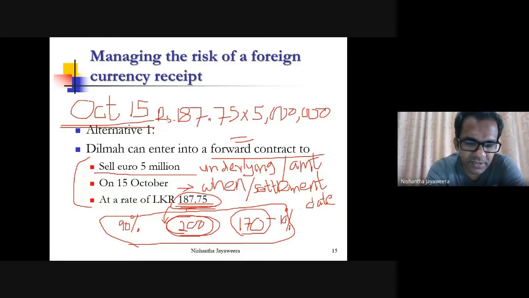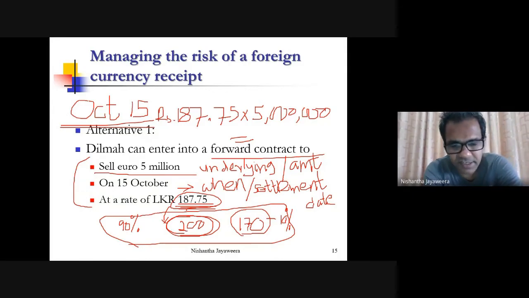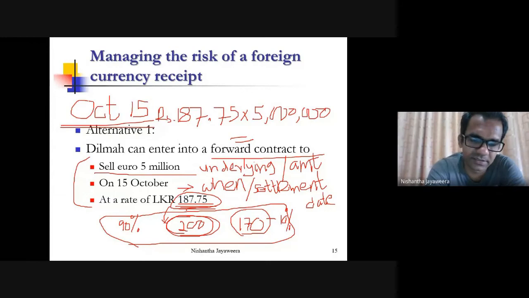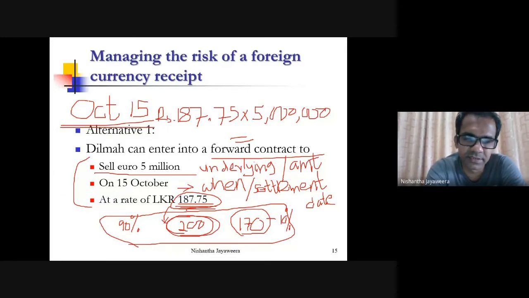That means, for whatever reason, the exporter realizes, and even the bank realizes, that they are not going to pay, or on October 15th they won't receive this. Then they can enter into a new forward contract till 30th October, for another two weeks, something like that.